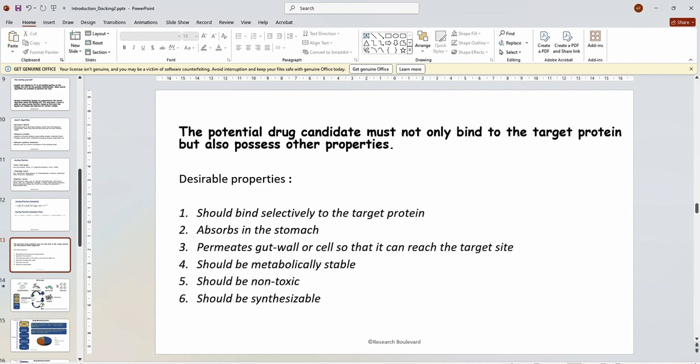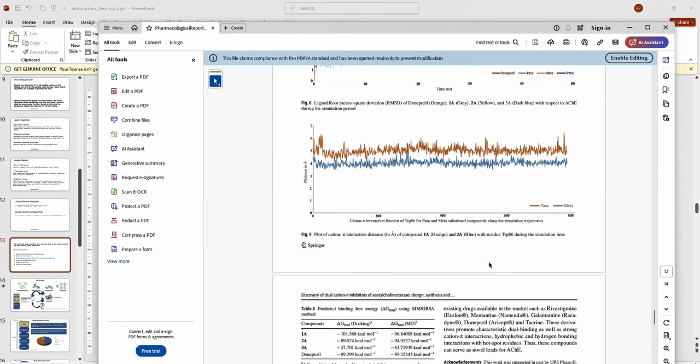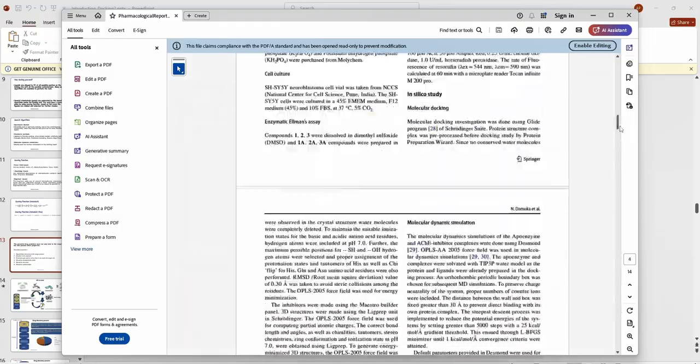This is against human acetylcholinesterase, and it has a 6.2 nanomolar IC50 value, while the drug molecule donepezil has 8.2.